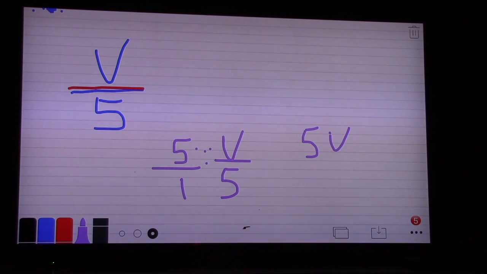I don't know what the value of v is, but I've got 5 of them now because I multiplied it by 5. And 1 times 5 is 5.